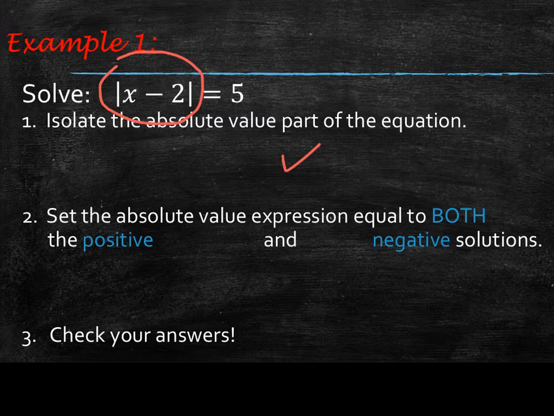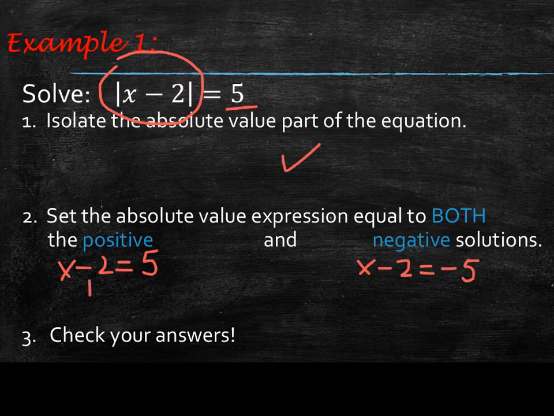So we're going to take x minus 2 and set it equal to positive 5, but we're also going to take that x minus 2 and set it equal to negative 5, because again, if we take the absolute value of negative 5, we also get the positive 5.